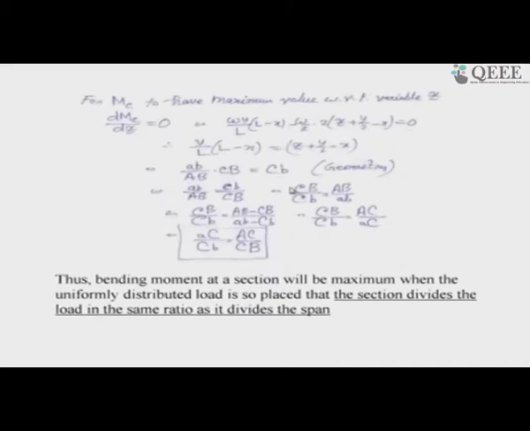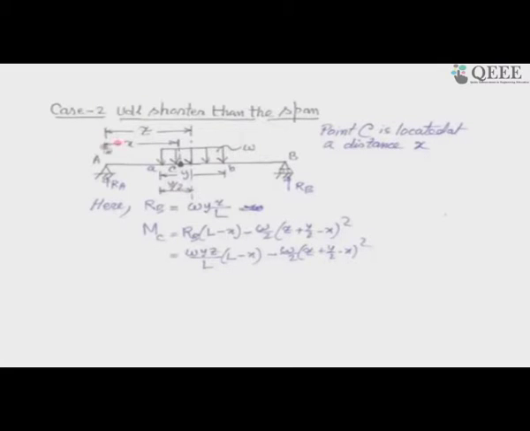So, a little bit of manipulation of the expression for MC. What we want to find out, if this is the z distance, which is the center line of the loading. Sorry, the z is the center line of the loading, not the center line of the beam, which is y by 2 this side and y by 2 this side.